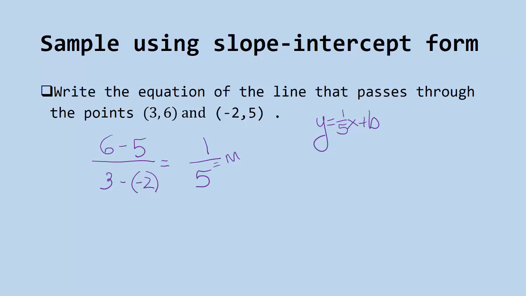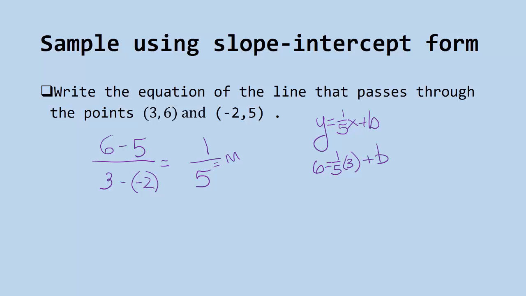Again, doesn't matter which one, we'll get the same answer no matter what. So again, I'm just going to randomly pick the first one. So my y value is 6. My x value is 3. So I'm going to have 1/5 times 3 plus b.